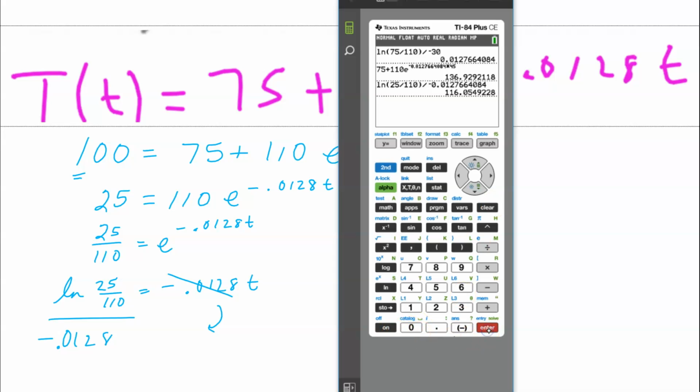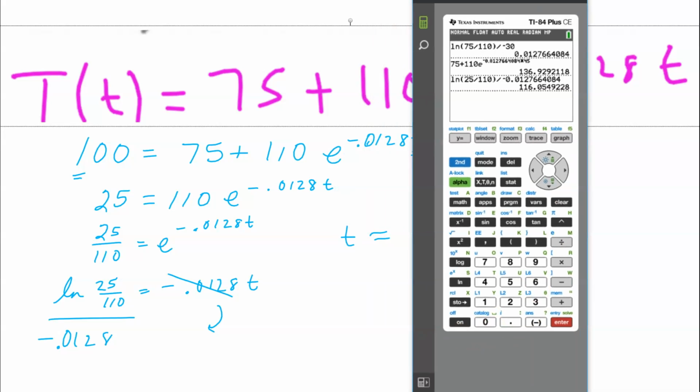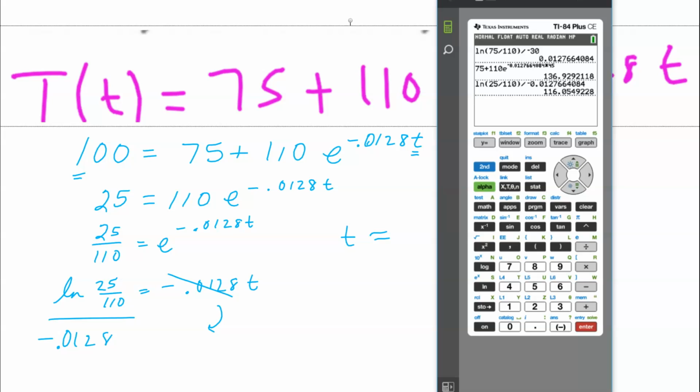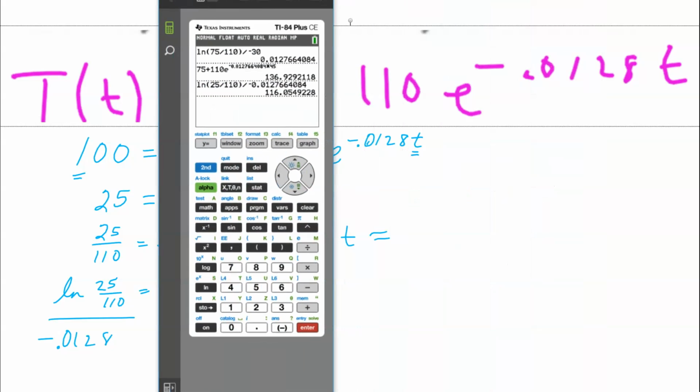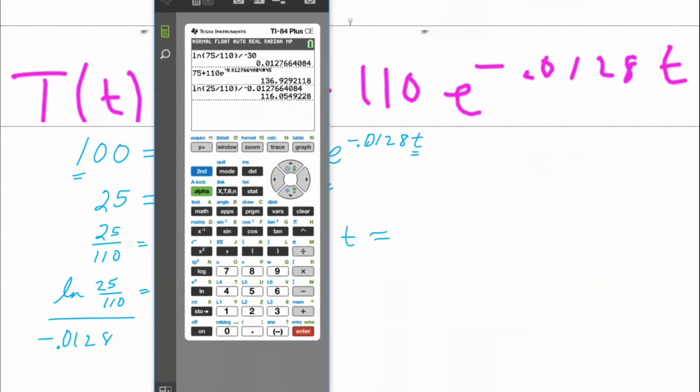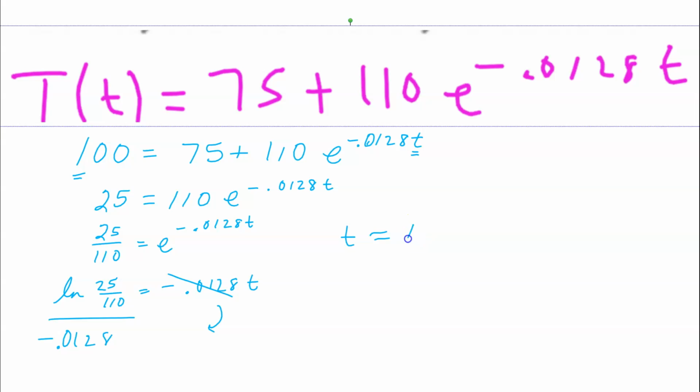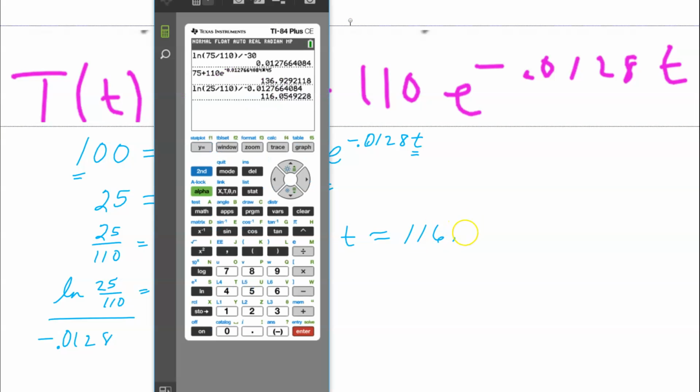Once we hit enter, how many minutes, because we're solving for time, is it going to take for the temperature to become 100 degrees? 116.1 minutes.